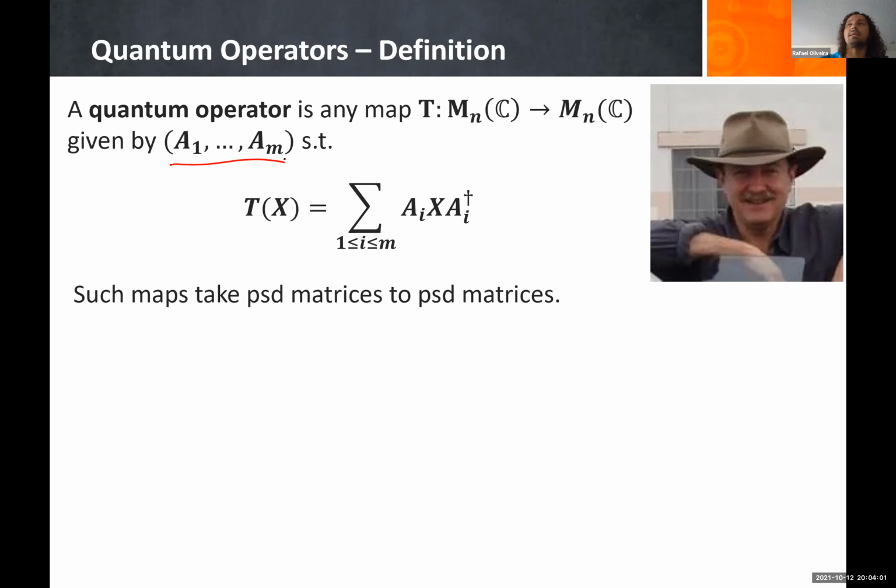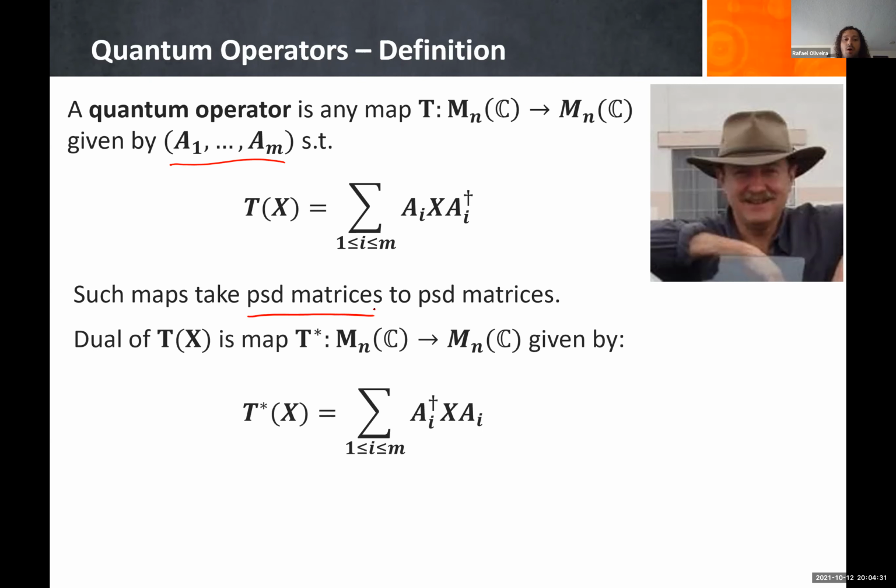These are called the Krauss operators in this language, but we can just think of them as this tuple, such that T maps a matrix X into the sum of AI X AI conjugate transpose. The upshot of these maps, and why they're quantum, is that they take PSD matrices, which are the generalization of probability distributions for the quantum setting, to PSD matrices. So this is the cool property of this map.